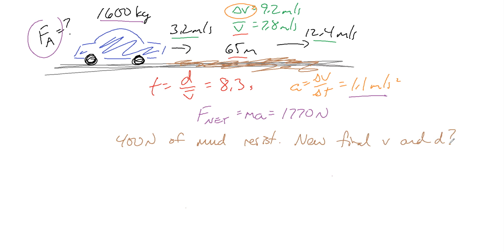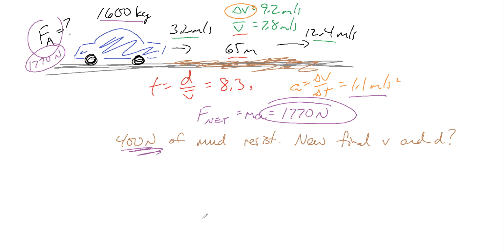Let's take the exact same question and work it the other way, incorporating some mud. I know that my engine is supplying 1770, but now I've got 400 newtons of mud. So my applied force is 1770, and in the first part that was my net force, but not anymore.